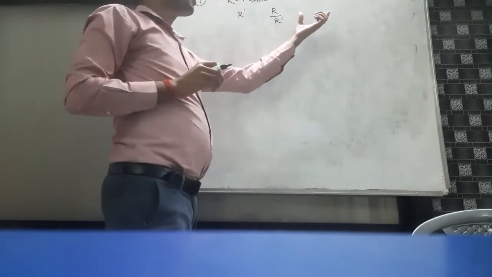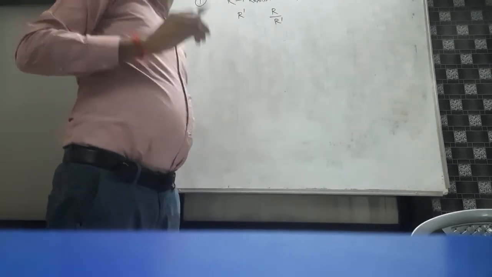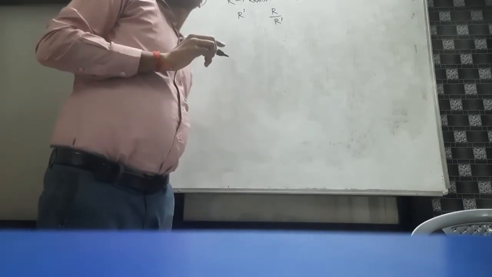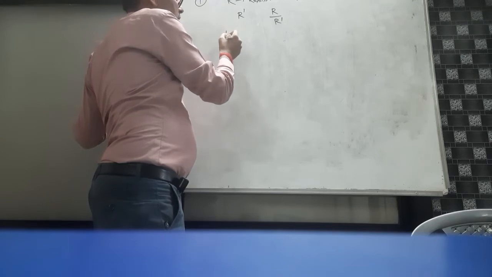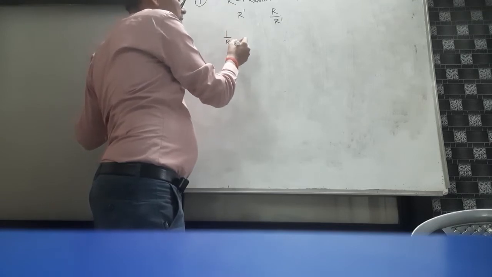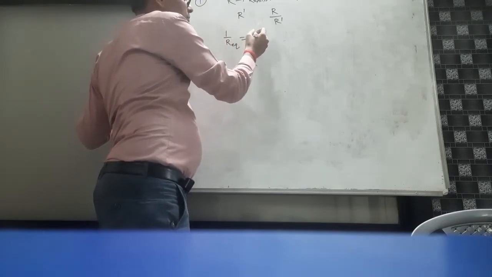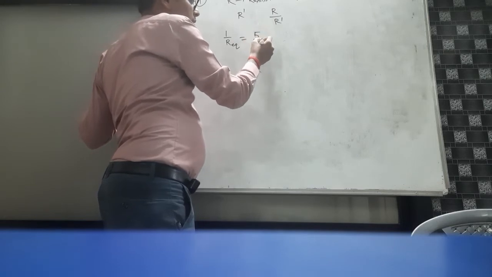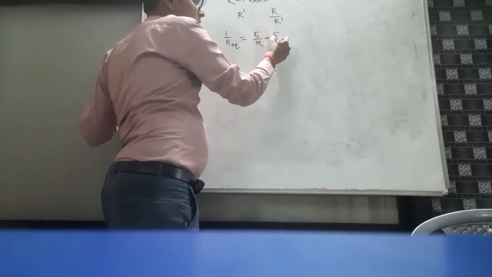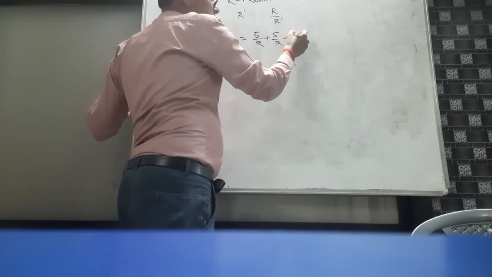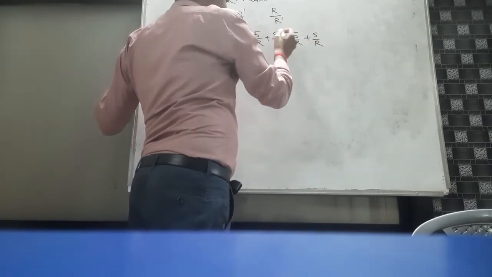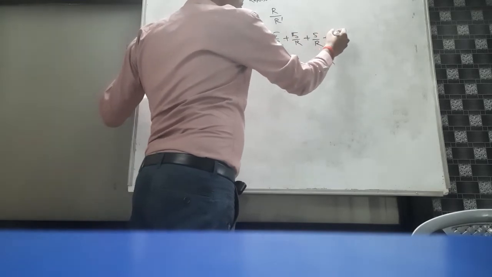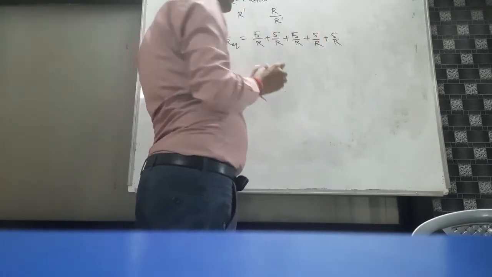Since the resistance is cut into 5 equal parts, 1 by R equivalent equals 5 over R plus 5 over R, and so on. Why 5 times?